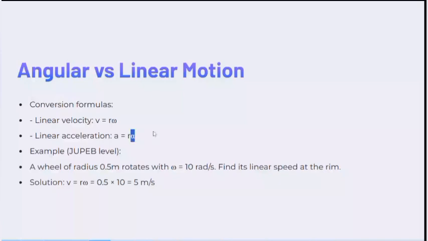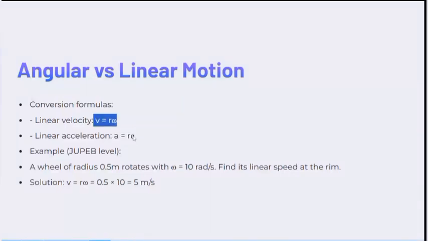Linear velocity is equal to angular velocity, but you multiply angular velocity with R. The same thing with acceleration. Normal linear acceleration is equal to angular acceleration, but you multiply angular acceleration with R. So that's the simple expression for this. Sorry, A is equal to R alpha, V is equal to R W.